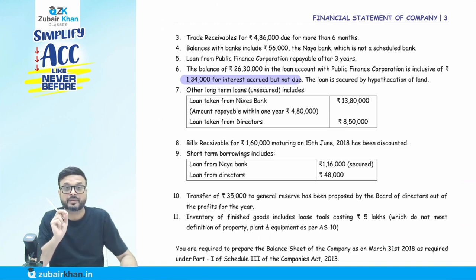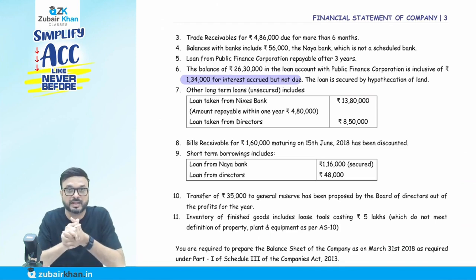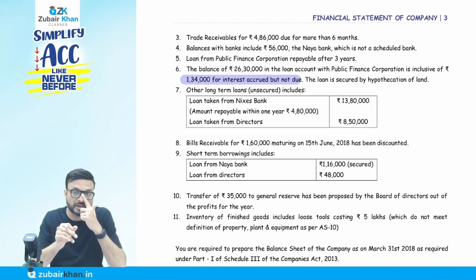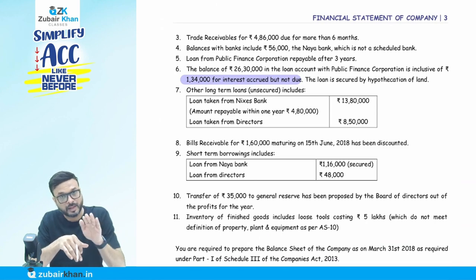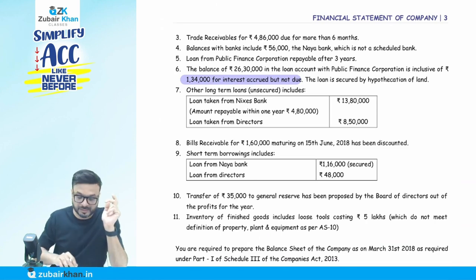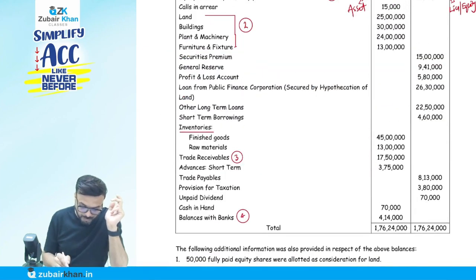Basically, points number 5 and 6 are related to long-term borrowings. In point number 5, they mentioned that it is repayable after 3 years, which means a long-term borrowing, and some interest is included in that. So that interest part we will write down in other current liabilities. Points 5 and 6 are related to long-term borrowing. Okay, loan from Public Finance. So I will write it down here.